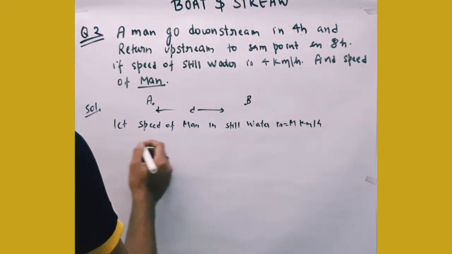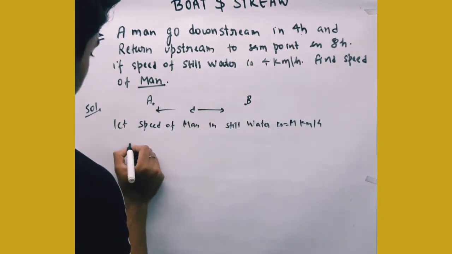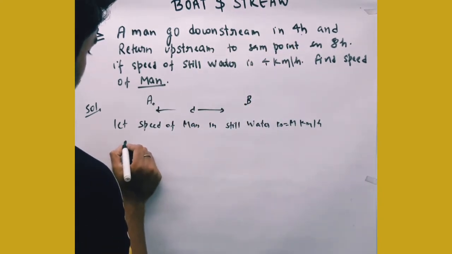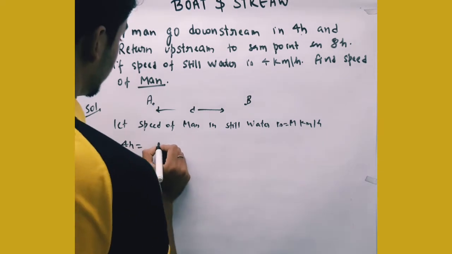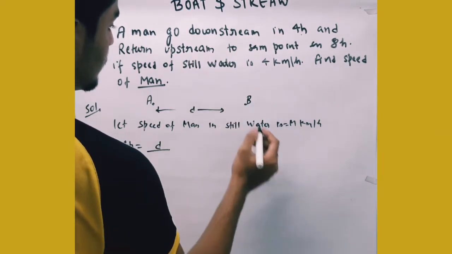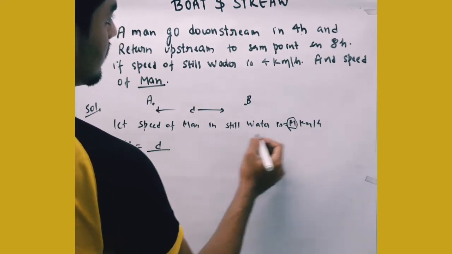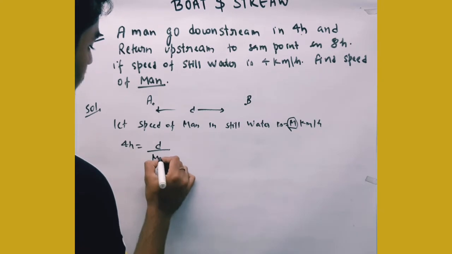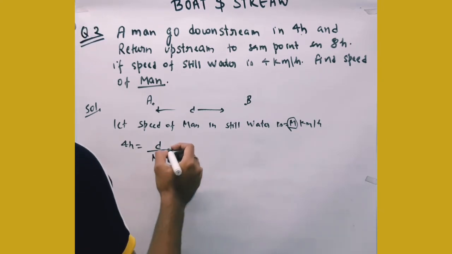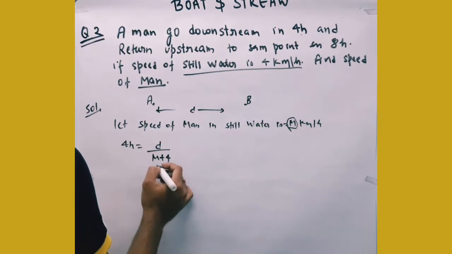Now according to the question, the downstream time taken is 4 hours. So time 4 hours is equal to distance d divided by speed in downstream, which is m plus 4, because still water speed is 4 km per hour.